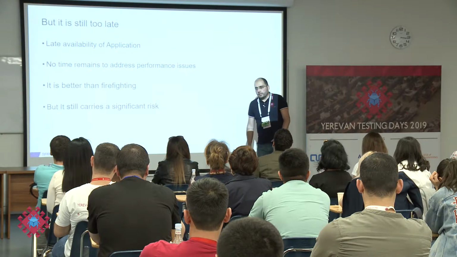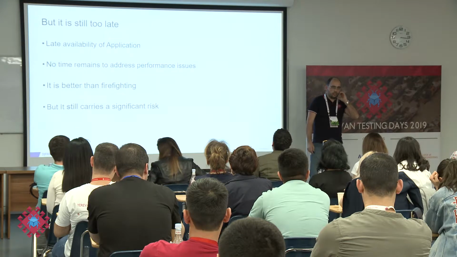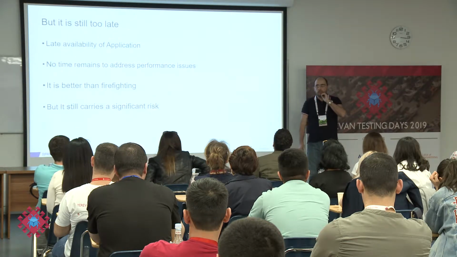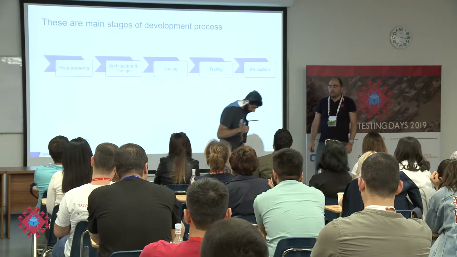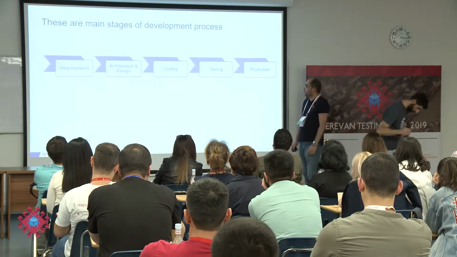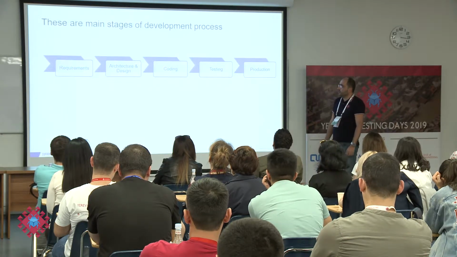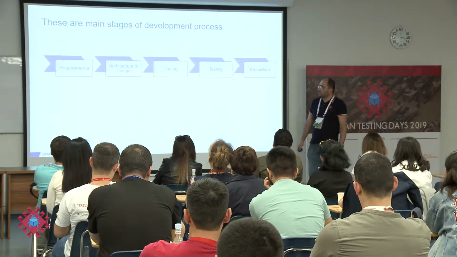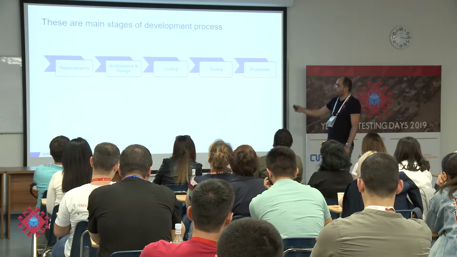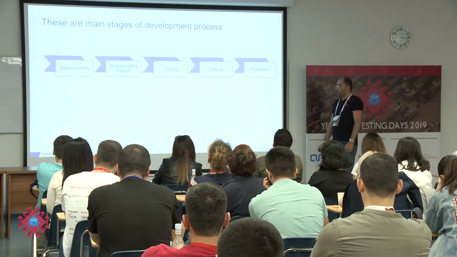So I'm moving to the main part of my presentation. What can we do to improve the situation? First of all, these are the main stages of the development process: requirements, design, coding, testing, and finally production.